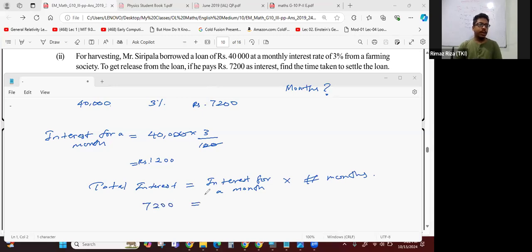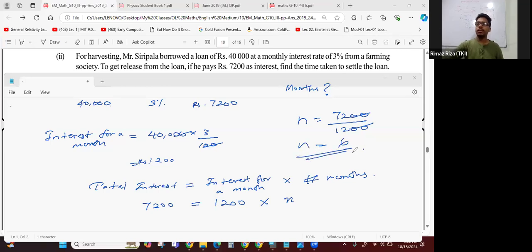Interest for a month, we just calculated, is 1,200. 1,200 into the number of months, let's say n. Okay, so here therefore n equals 7,200 divided by 1,200. 72 divided by 12 is 6. So the number of months is therefore 6.